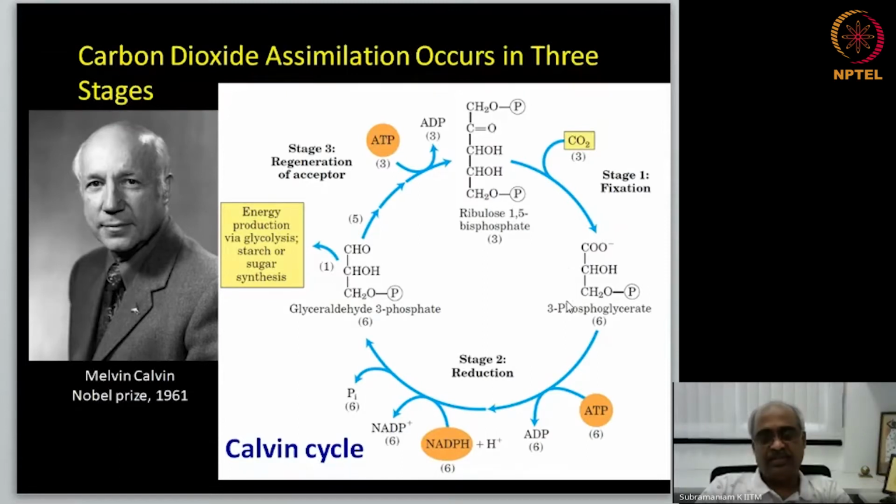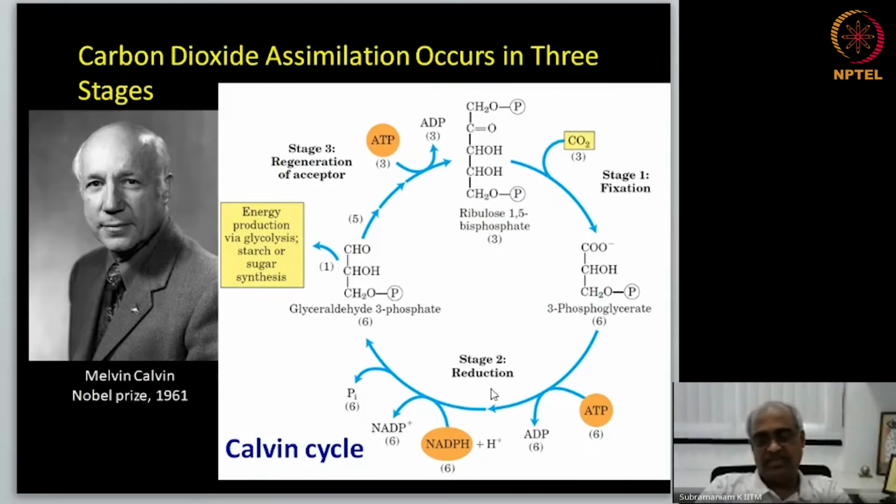And the next one is the resulting molecule. The molecule will be 3-phosphoglycerate for every one Ribulose bisphosphate, which is 5 carbon, and when you add one more you have got 6, so you make 2 trioses, and this is in the carboxylic acid form.